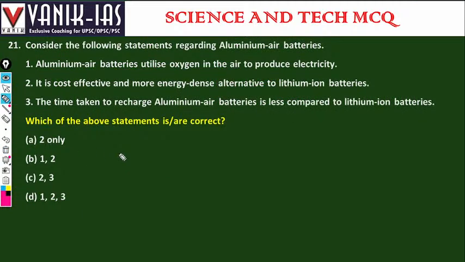Consider the following statements regarding aluminum air batteries. Aluminum air batteries utilize oxygen in the air to produce electricity. It is a cost effective and more energy dense alternative to lithium ion batteries.